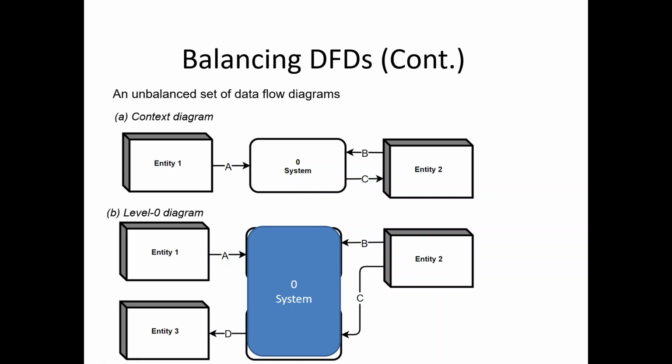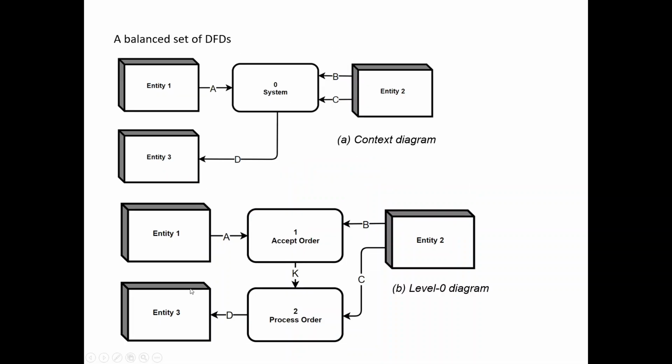Then how to correct the mistakes? Suppose the level 0 diagram is correct. Then we need to modify the context diagram so that it is consistent with the level 0 diagram. And the correct context diagram would be just like this.